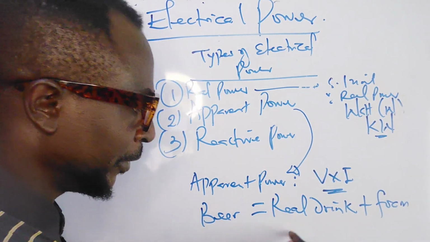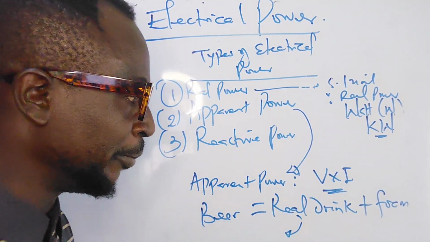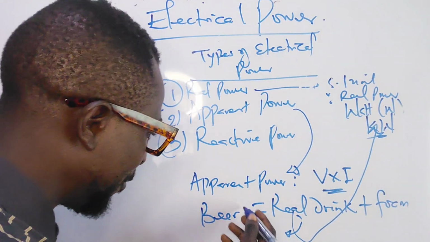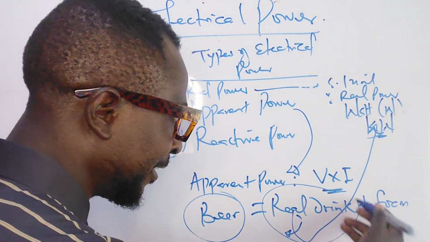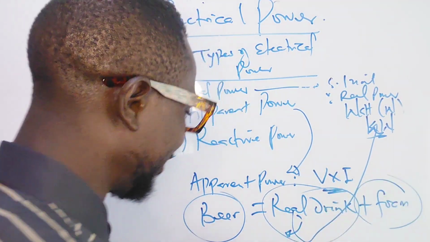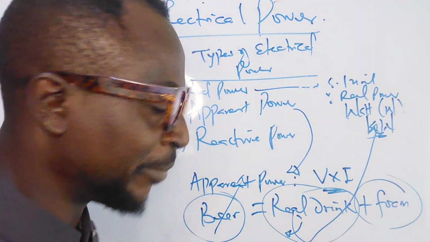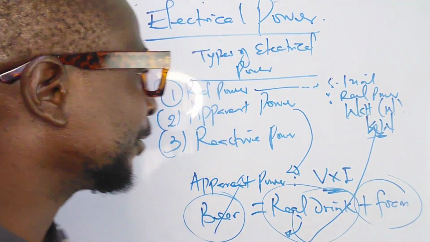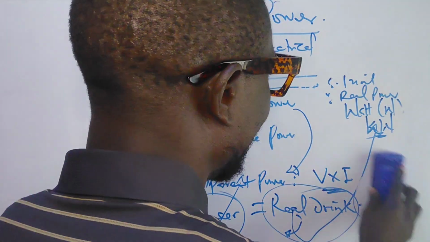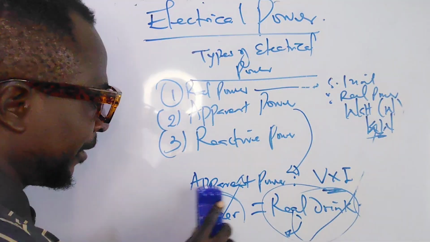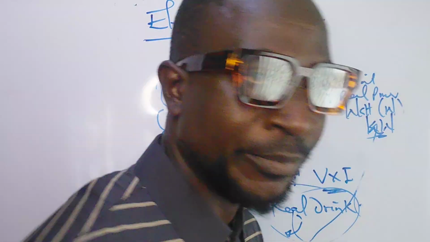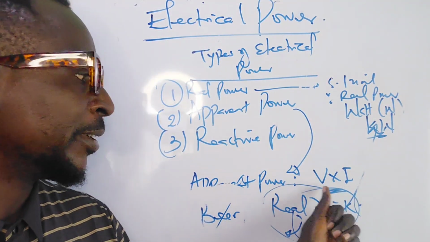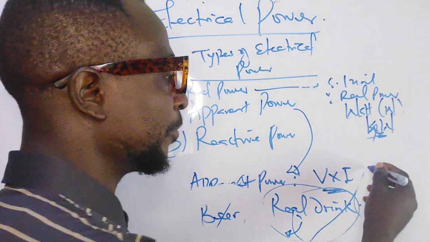This real drink, which is the part that is consumable, is what we can liken to real power. While the whole beer, which contains this real drink and the foamy part, we can liken to apparent power. So even in the concept of solar, we have equipment. Some are rated in volt-amps, because the SI unit of apparent power is volt-amp, which is VA for short.